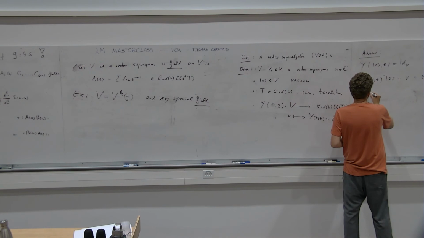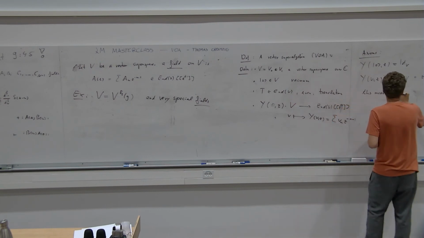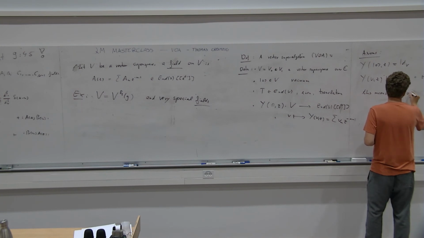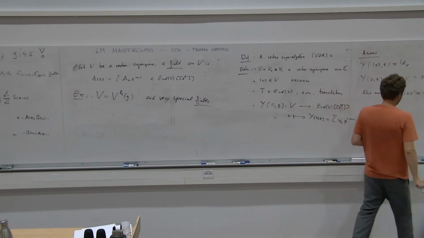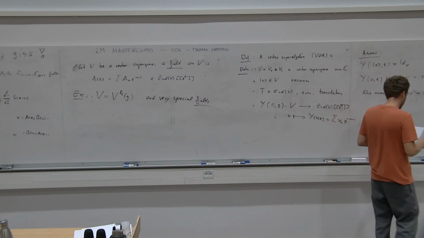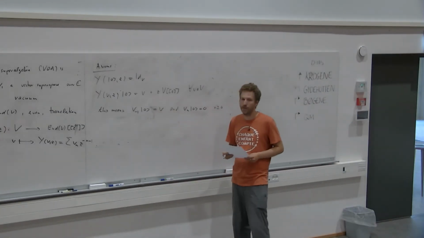It means that the negative 1 mode of v acting on the vacuum is just your original vector, and all non-negative modes act as 0 on the vacuum.